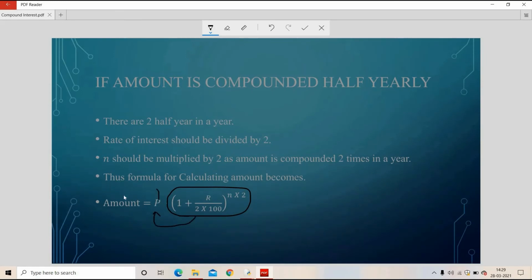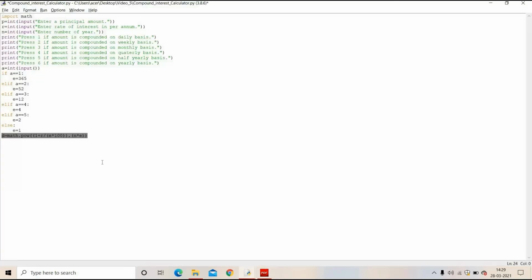Now this should be multiplied by P to get amount.